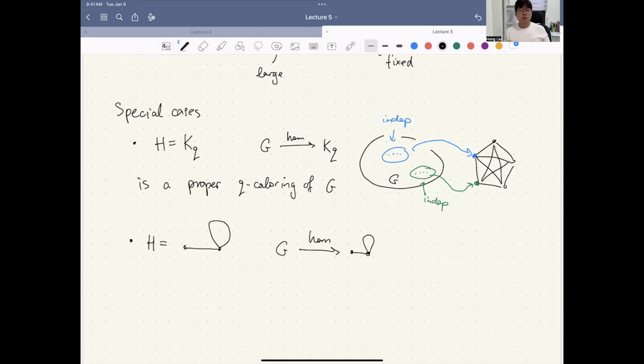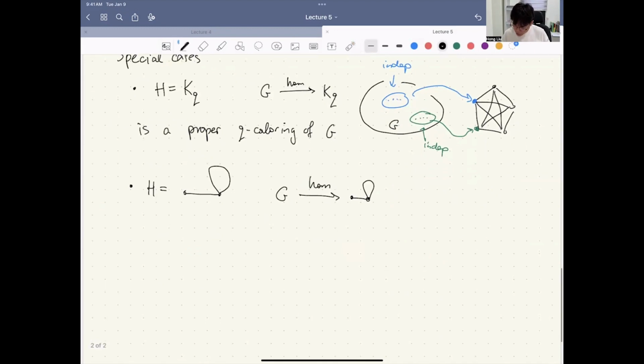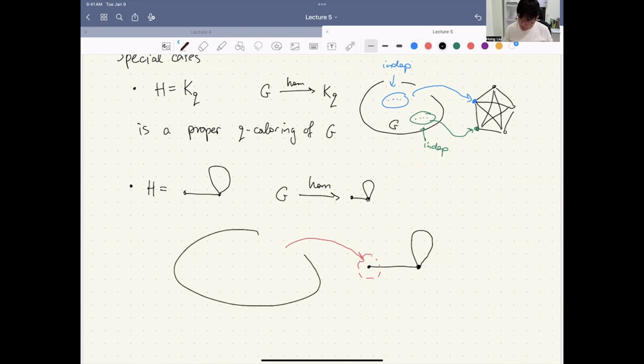What we're going to do is look at the pre-image of the vertex without a loop.